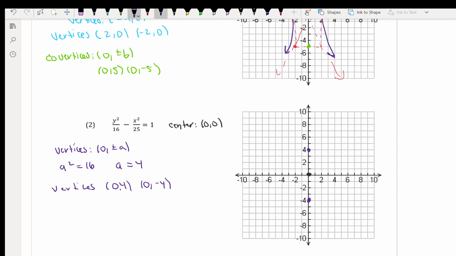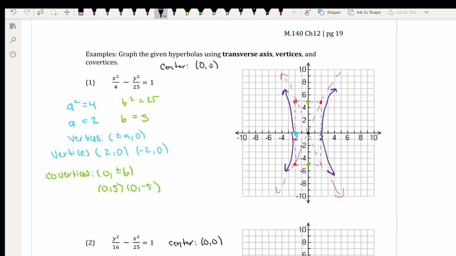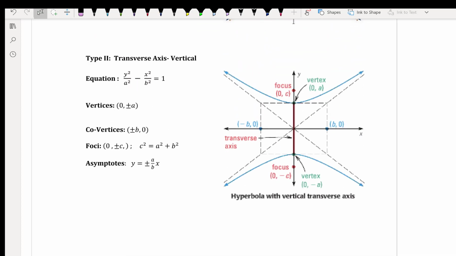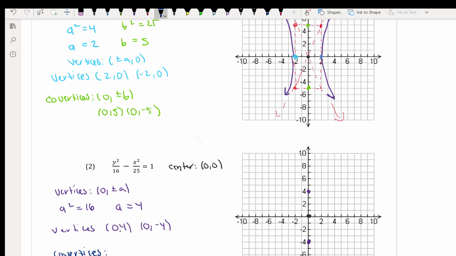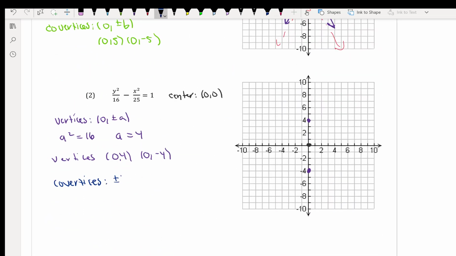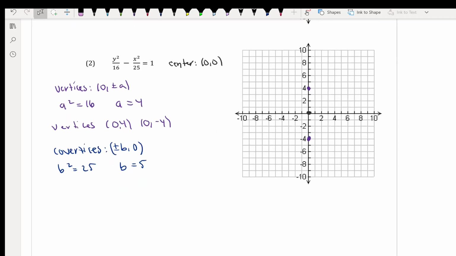Okay. Next I'm going to have my co-vertices. So the co-vertices, if you look at this formula, it says it's plus or minus b, comma 0. And here my b squared value is equal to 25, so b is equal to 5. So I'm going to have my co-vertices at 5, 0 and negative 5, 0.